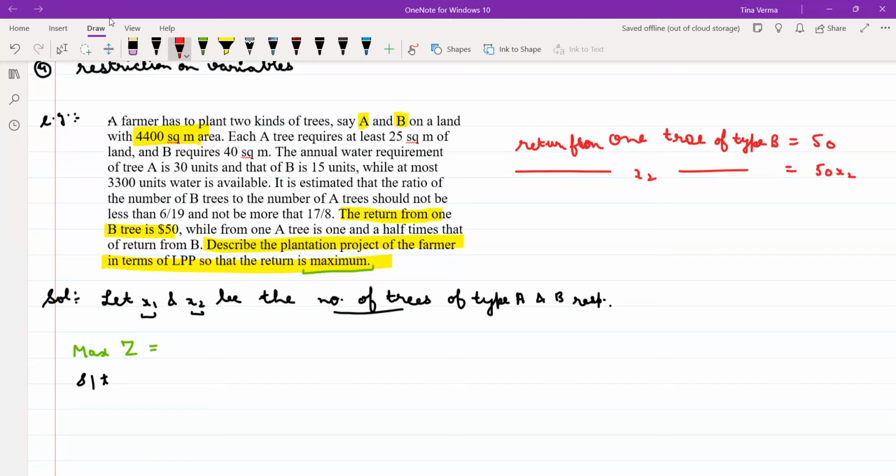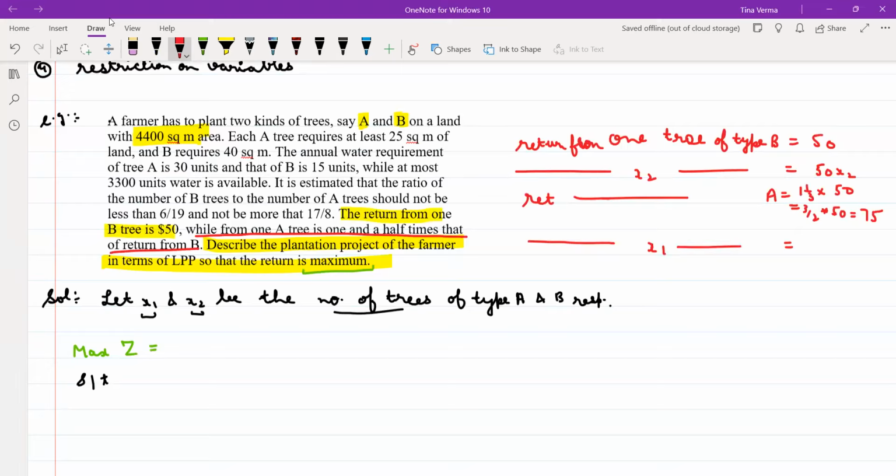The next line says the return from one A tree is 1.5 times the return from B. That means 3/2 of 50, which is nothing but 75. So the return from x1 trees will be 75x1.